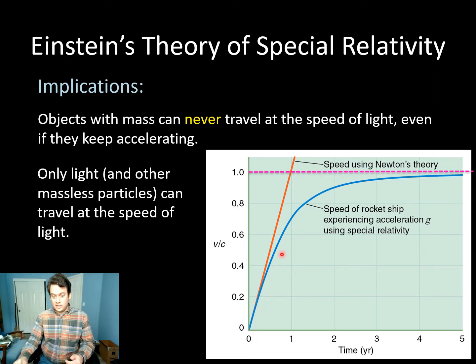This curve ends up bending over and only asymptotically approaching the speed of light. It gets closer and closer, but it gets harder and harder, and so it will never actually make it. So, big differences. And again, these have been tested a myriad of times, and Einstein, it turns out, is always right.